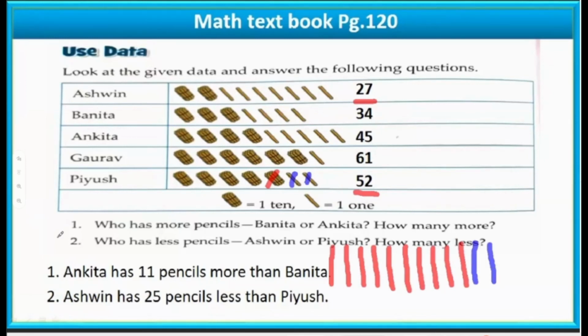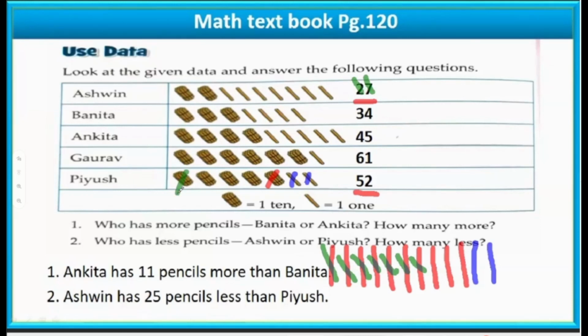See here, 2 separate blue lines that are already there, and for one bundle 10 red sticks have been drawn. Now we are going to take 7 from this. 1, 2, 3, 4, 5, 6, 7. So we have taken 7 ones, and let's take 2 bundles, that is 20.